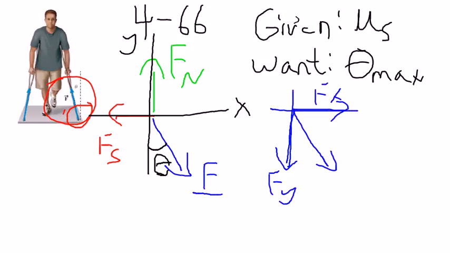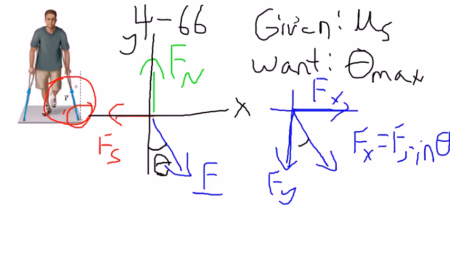And so we can use our trig functions, excuse me. I'm going to rewrite this F here since it got a little messed up. We know Fx is going to be equal to F multiplied by the sine of the angle, because again, this here is our angle theta.